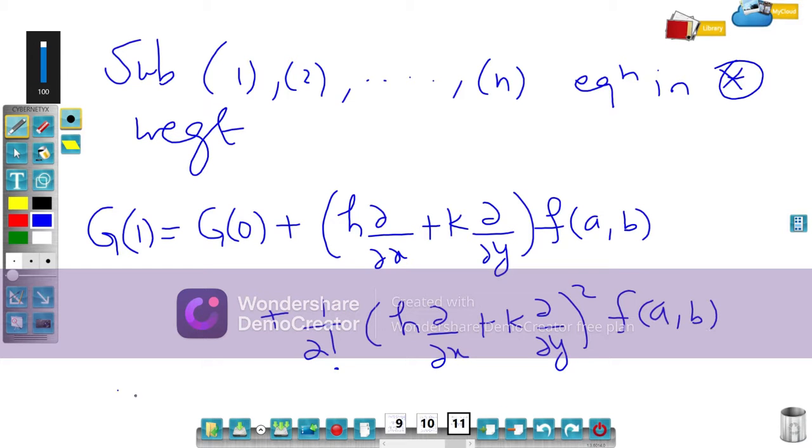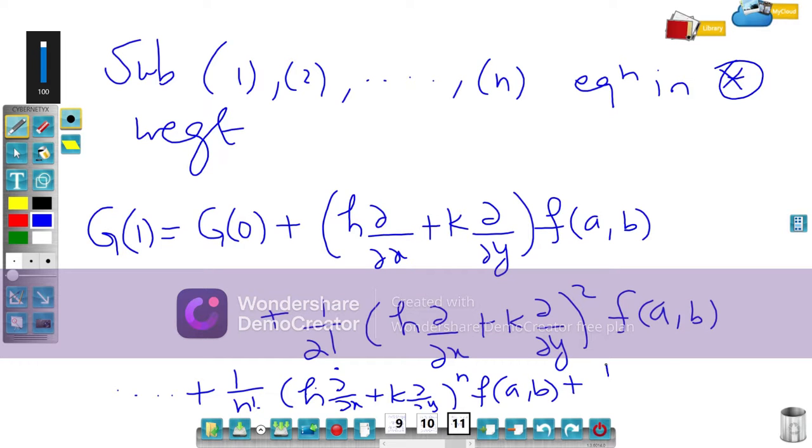So in general, you can substitute all. You will realize this will give me 1 upon n factorial (h ∂/∂x plus k ∂/∂y) to the power n f evaluated at a comma b plus 1 upon n plus 1 factorial (h ∂/∂x plus k ∂/∂y) to the power n plus 1.